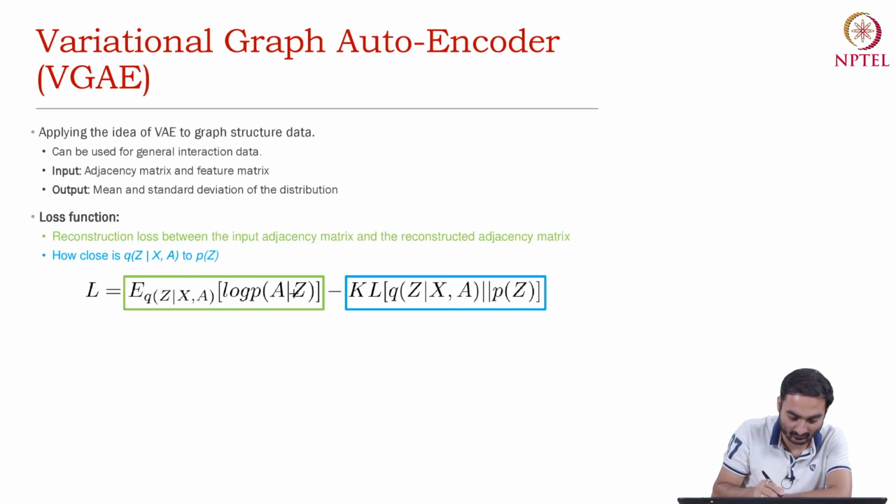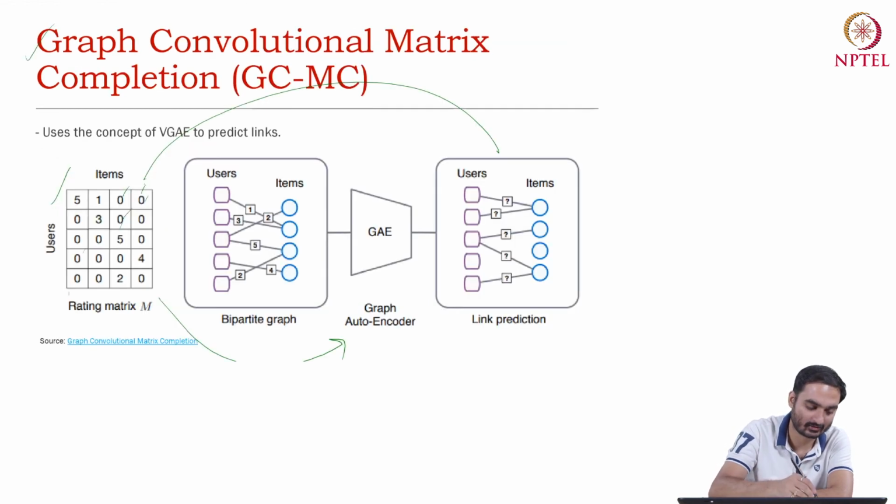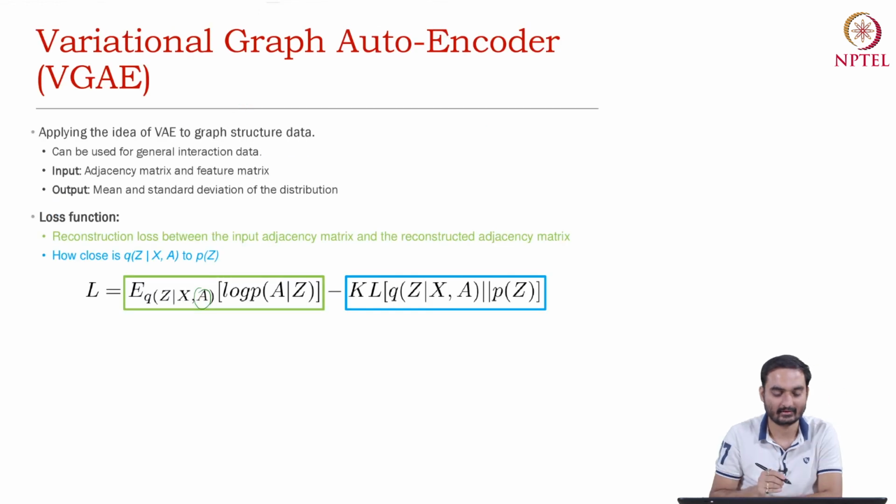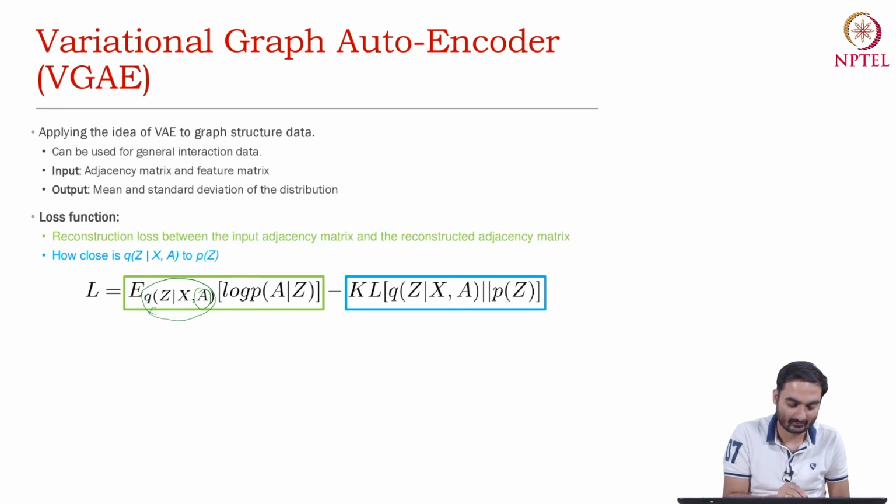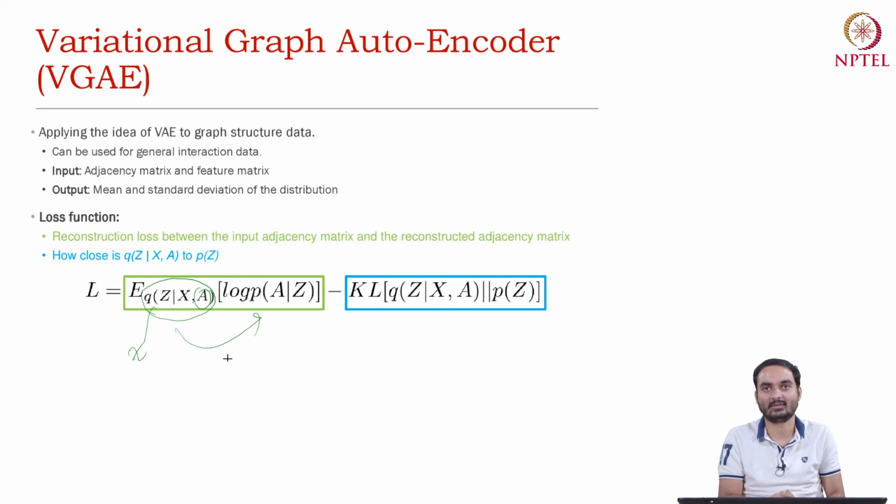Here the input A is the adjacency matrix, or whatever this matrix, the user item matrix, and then you come up with a distribution, and then you randomly sample an item, feed it to the decoder, measure the log likelihood, and then you have a KL divergence side by side.